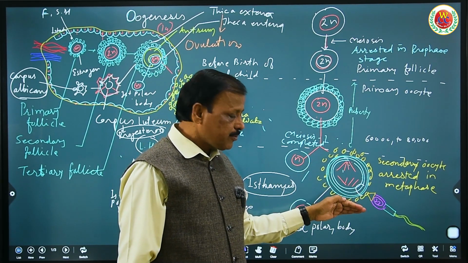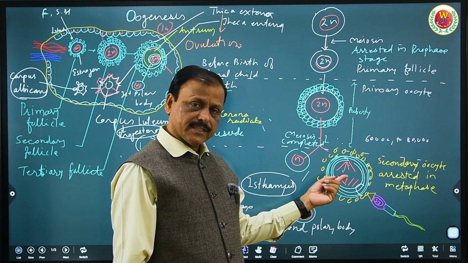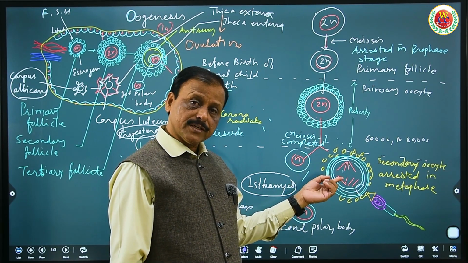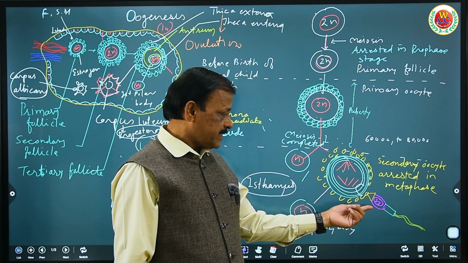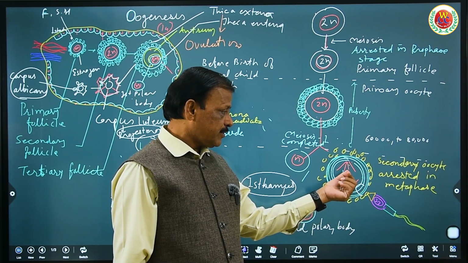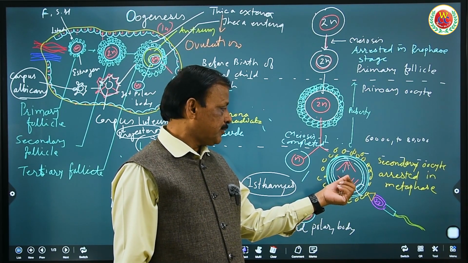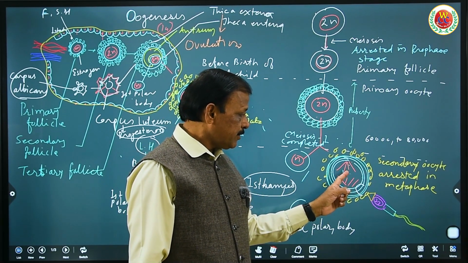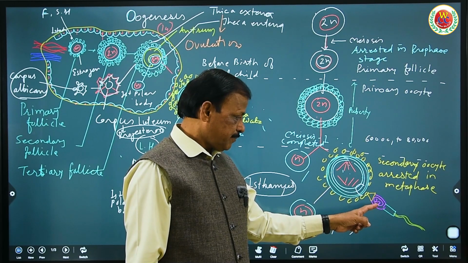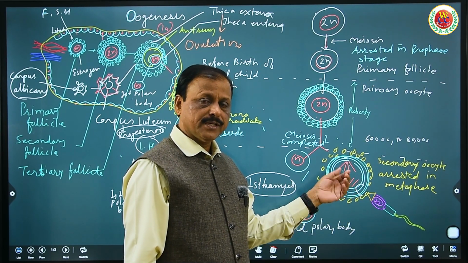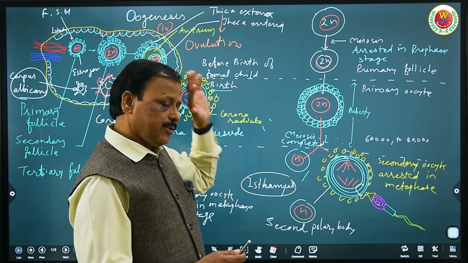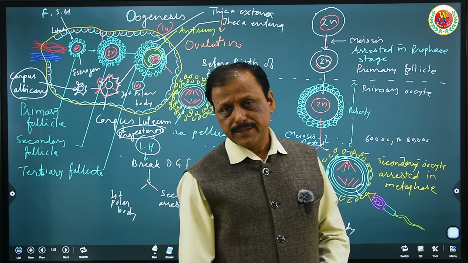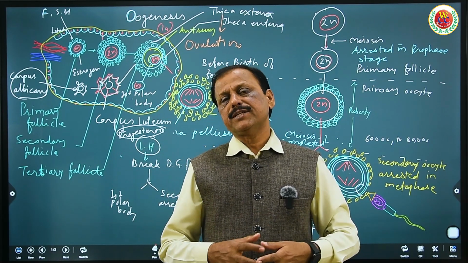Now it continues to be a secondary oocyte arrested in metaphase in the oviduct until fertilization, when the sperm encounters the secondary oocyte, which undergoes meiosis and produces the second polar body and the real ovum. That haploid nucleus combines with the haploid nucleus of the sperm to produce the diploid zygote, and then the zygote gets implanted to continue the development of pregnancy, as part of the process of oogenesis.